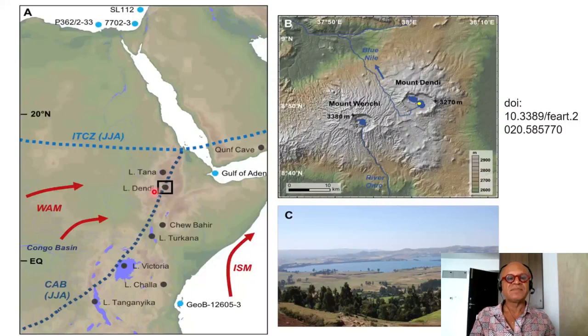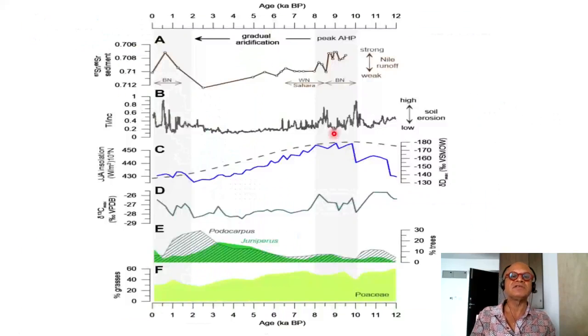So this is something that focused just on Lake Dendy here again, and it shows nicely the ITCZ and the front here during June, July, August. So what do they do? They take all the evidences over the Holocene period from 12,000 years to the present, looking at river runoff, so strong and weak Nile runoffs using strontium isotopes.